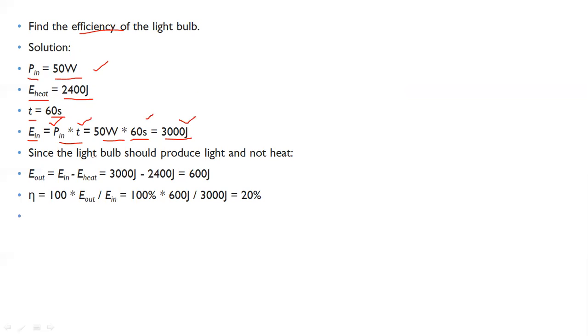Since the light bulb should produce light and not heat, E output is equal to E input minus E heat, so 3000 joules minus 2400 joules is equal to 600 joules. Accordingly, efficiency will be E out by E in into 100%. That is 20%.